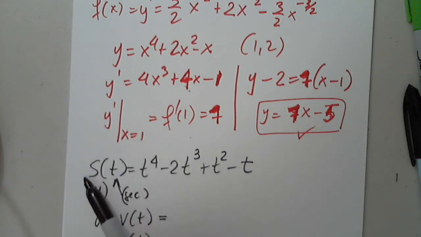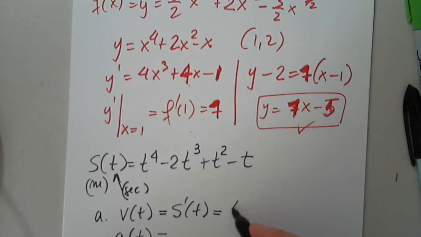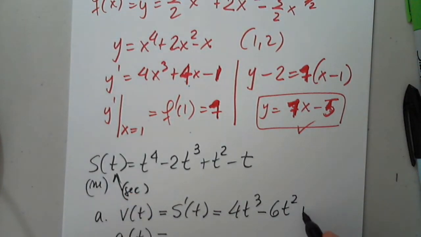What do I need to do? Take the derivative? Correct. So this is s prime of t. So what do I get? Can anyone try this? It's 4t to the 3rd power minus 6t squared plus 2t minus 1. Brilliant.